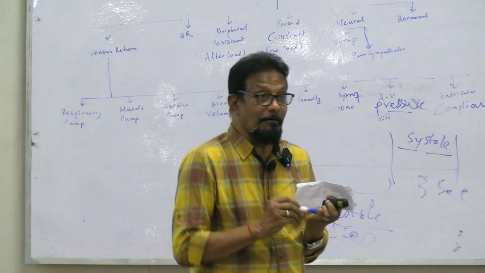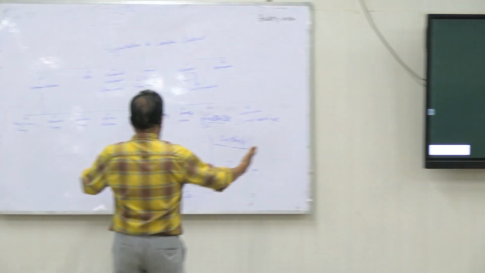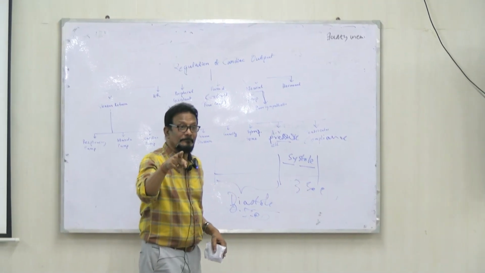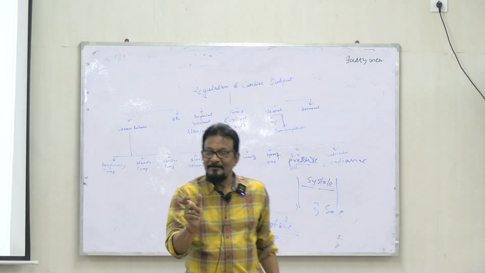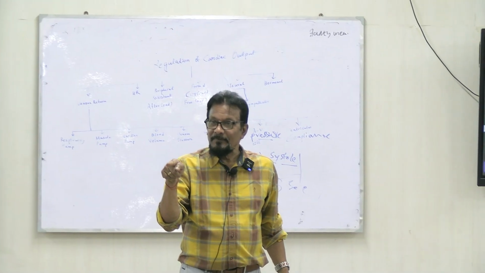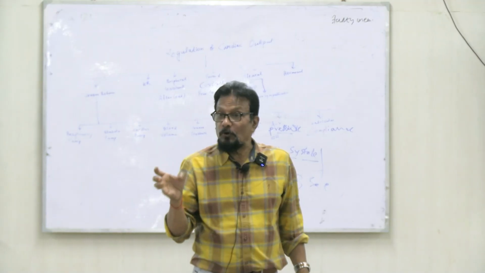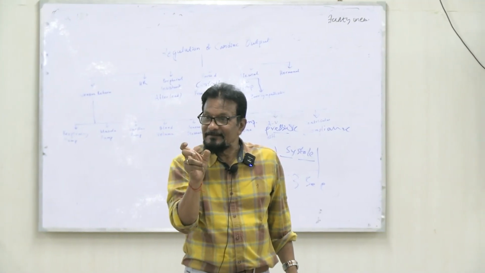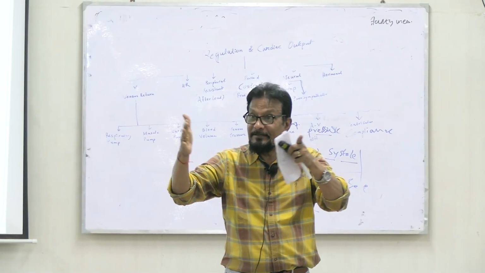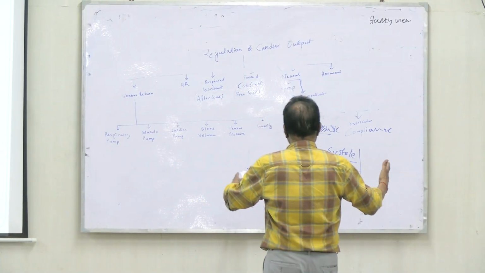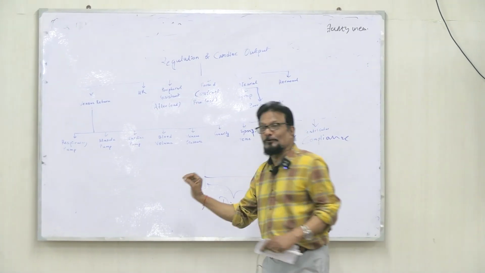When we increase the heart rate, definitely the cardiac cycle length will be shortened, isn't it? It is 60 seconds divided by heart rate. If heart rate is more, the cardiac cycle length will be less. As we gradually increase the heart rate, the cardiac cycle length will be decreasing. This means time for systole and time for diastole will be shortened.